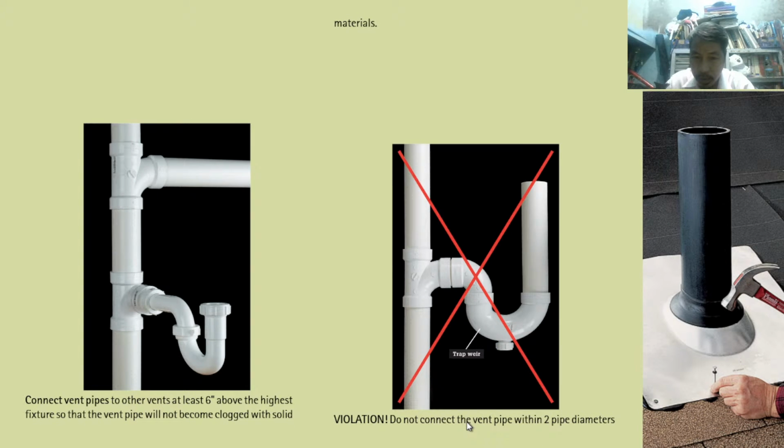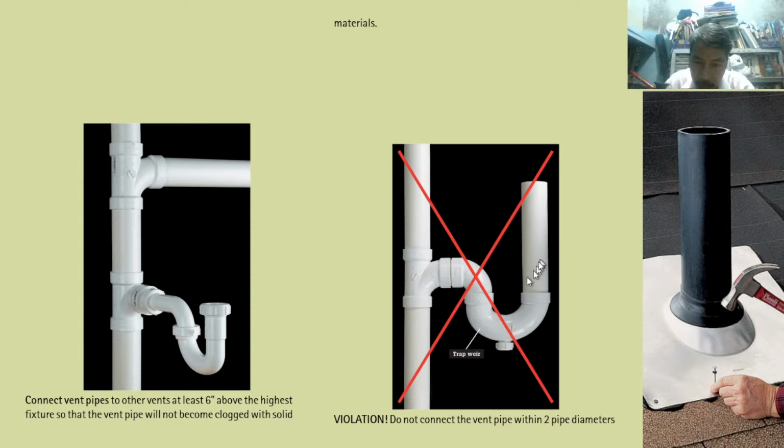Do not connect this vent pipe. This is the vent pipe, a wet vent because it also serves for water or waste drain. Within means less than 2 pipe diameters.